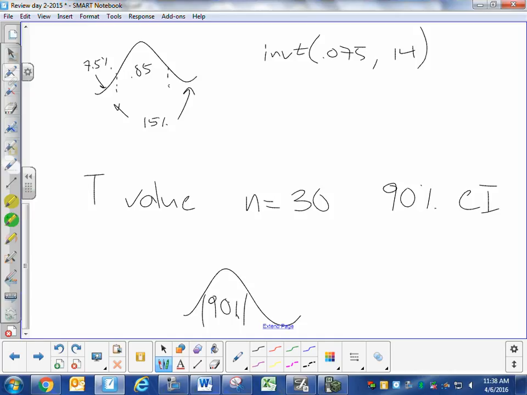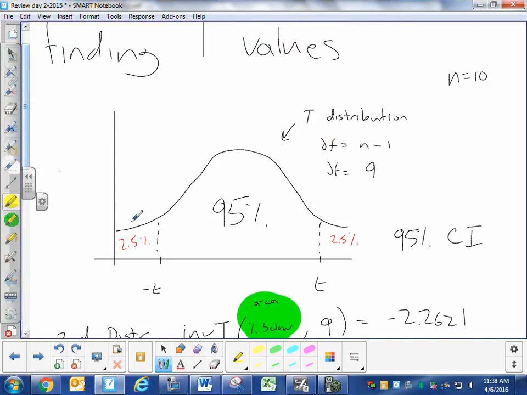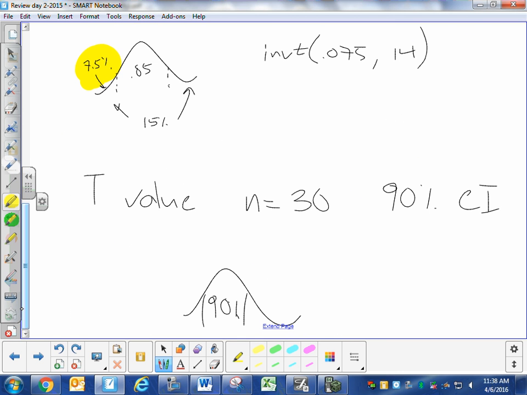What is the area that you'd put in? It is the area below. We would put in, for an 85% confidence interval, 7.5%. For a 95% confidence interval, I'd plug in 2.5%. For 90, would it be 0.05? 0.05 or 5%.